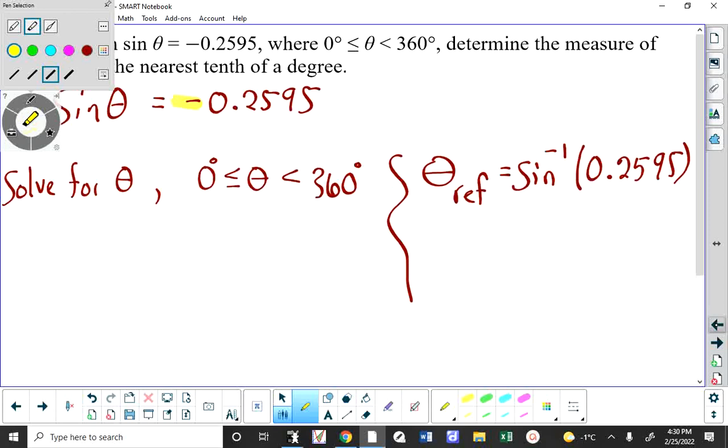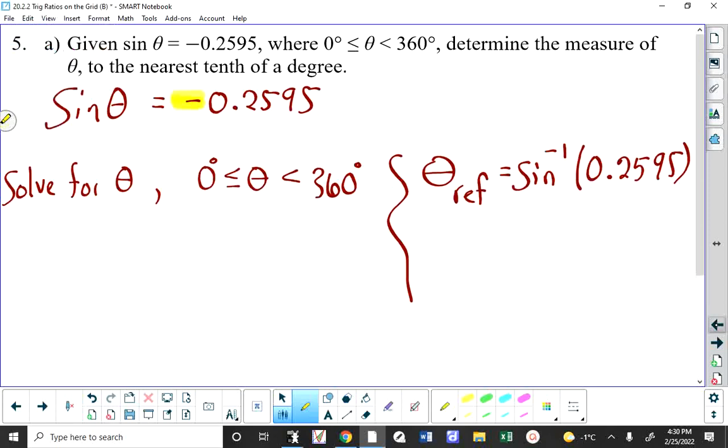This negative, I never want you to use this negative when you go second sine. Trust me on that. If you do, you're going to get weird results depending on whether it's sine or cosine or tangent. And that's not what we want to do. We want to do it so that regardless of whether it's sine, cosine, or tangent, we do it the same way all the time. So this is the reference angle.